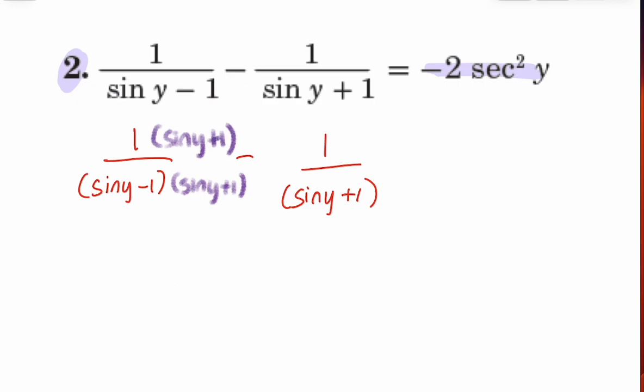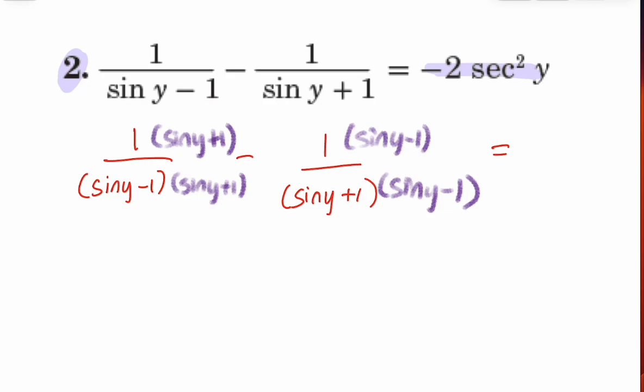And I'm going to multiply the right fraction by sine of y minus 1 on top and bottom. Because my goal is to have a common denominator. Now, if the denominators are very different, and if multiplying them doesn't get you anything more simple, don't do it.